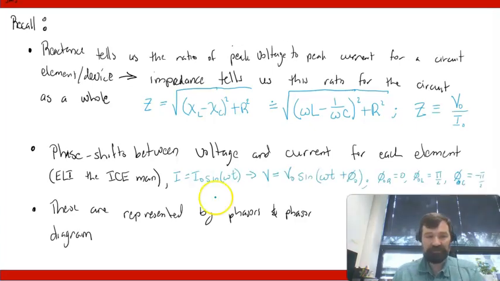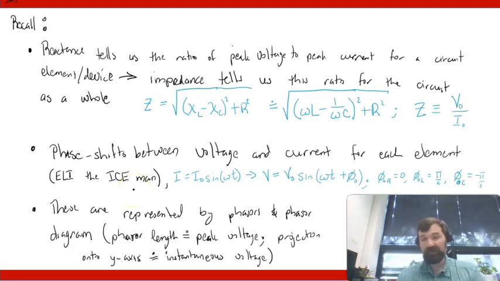The phasor diagram then is just the diagram that shows the phasors for all three elements within your circuit, and these elements are represented each by a vector-like arrow, the length of which is the peak value of the voltage, and then the projection onto the y-axis represents the instantaneous value of the voltage.